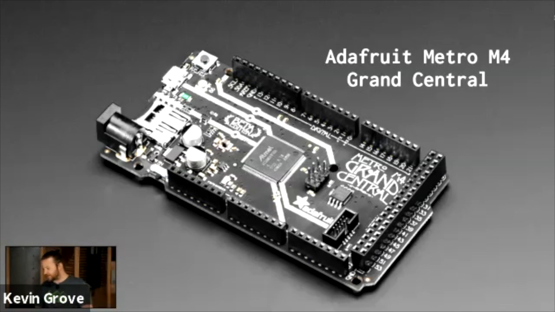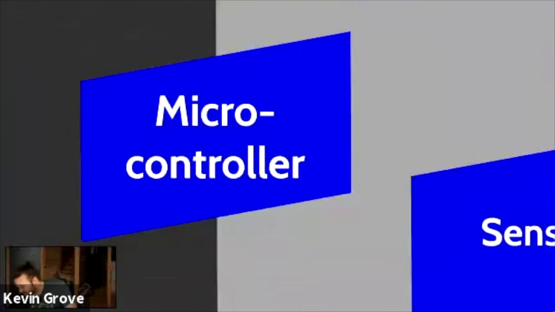You've got a 5-volt out, you've got grounds. I can't remember all the specifics, but in the README for this project, you can find everything and all the good stuff. So check it out on Adafruit, Metro M4 Grand Central.